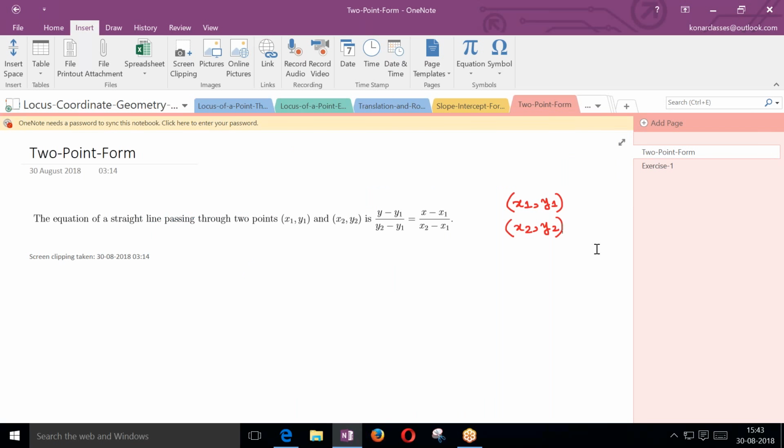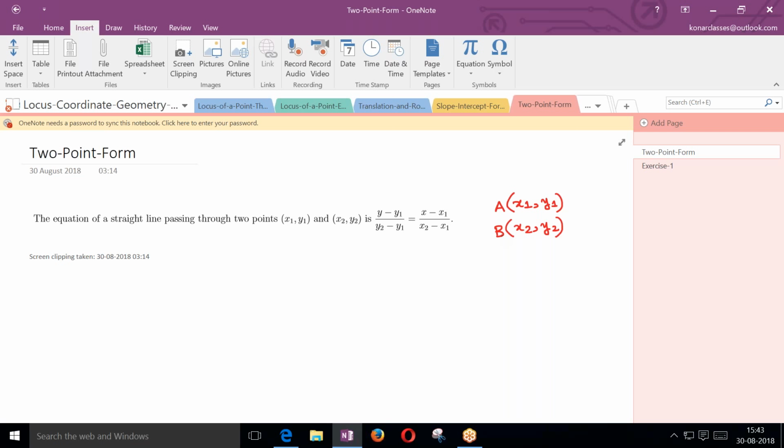What does it mean? Here the two fixed points are given through which the straight line is passing. For your information, though it is very fundamental, let me just reiterate once: through one fixed point we can draw an infinite number of straight lines, but through two distinct points we can draw a single, unique straight line.